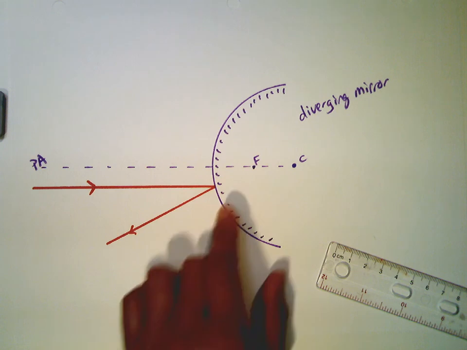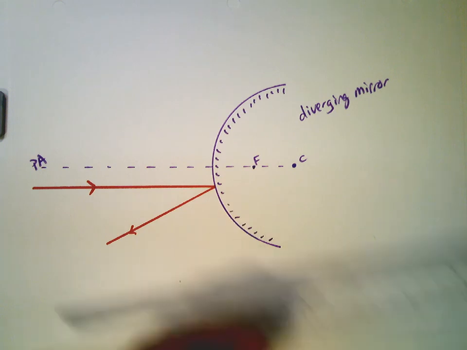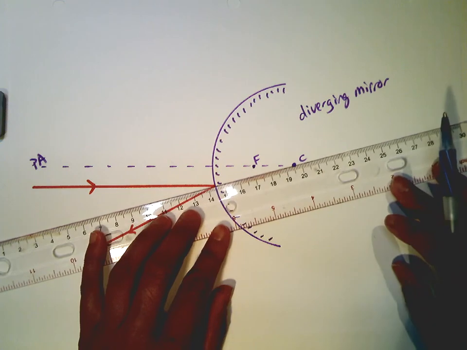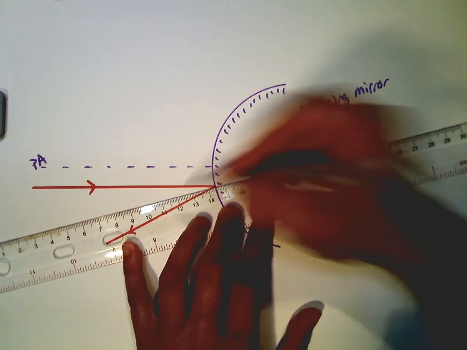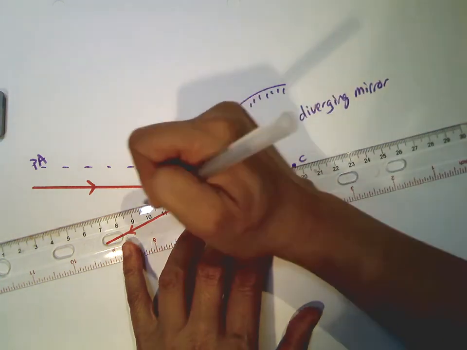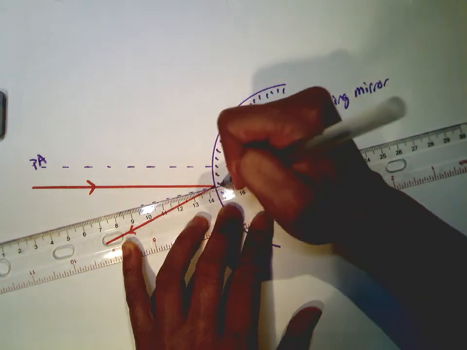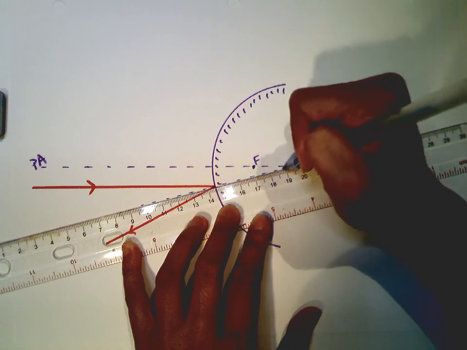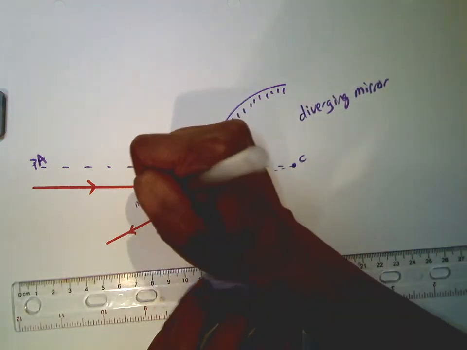Notice that the law of reflection still applies, right? If I line up the center of curvature with the point of reflection, which is right here, that intersection, this here is your normal.